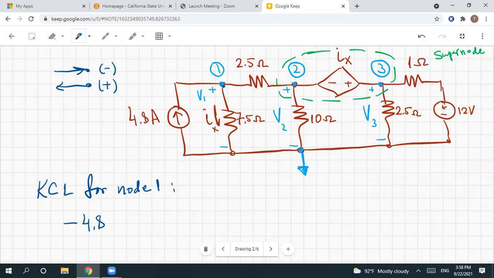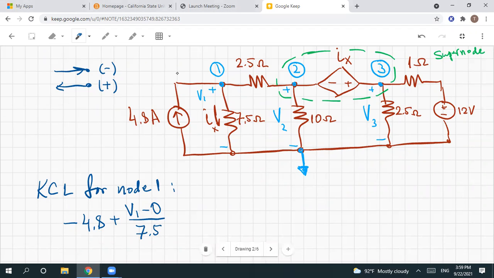Okay, what will be the current that is leaving the node through 7.5 ohm? Again, in the chat box, it is V1 over 7.5. Thank you so much. So this current, which is leaving this branch, will be V1 minus the reference voltage, which is 0, divided by 7.5.